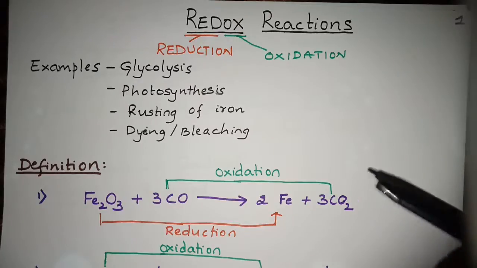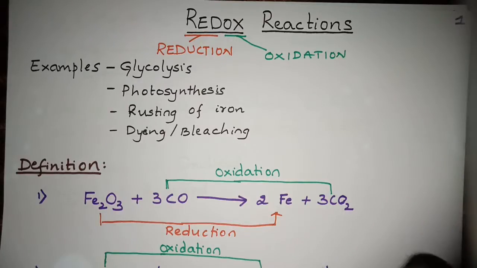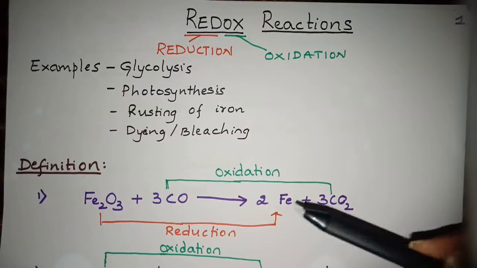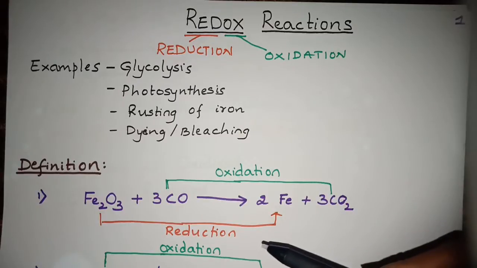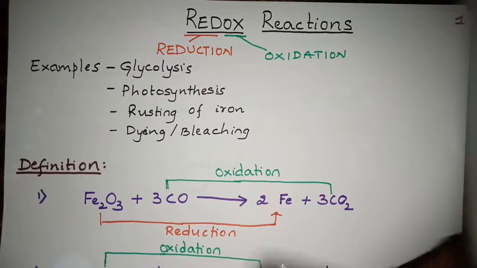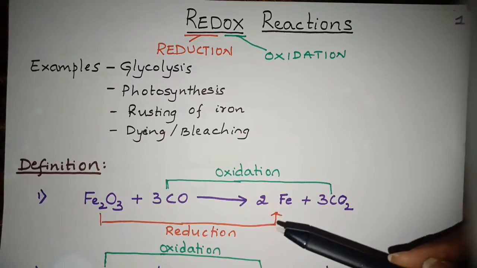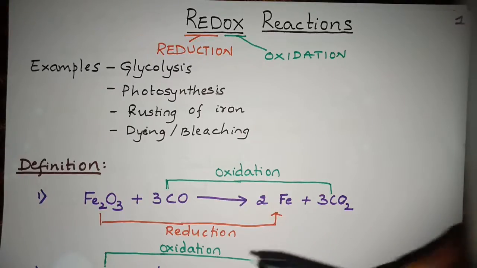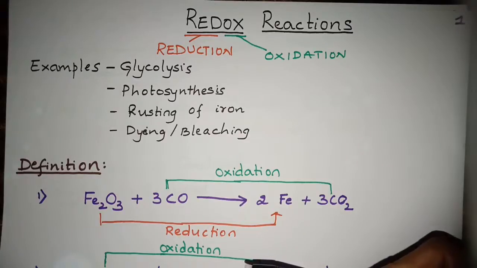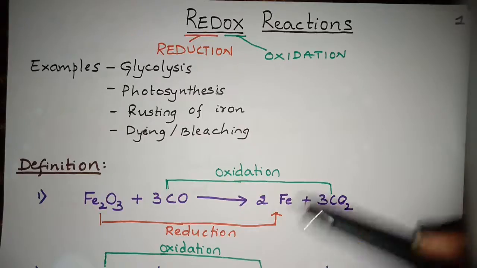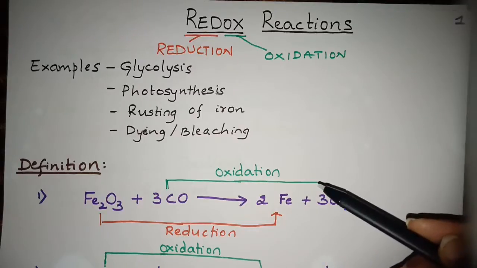So addition of oxygen is oxidation, removal of oxygen is reduction. Now, do you see all the chemical reactions having oxygen in them? Might not be, right? Sometimes there are many reactions which do not have oxygen participating at all.